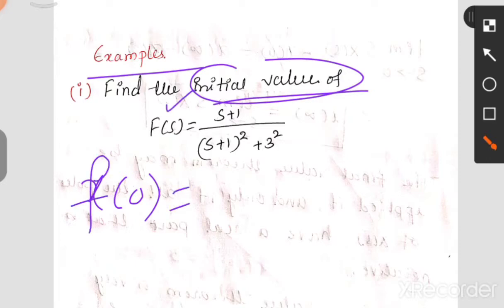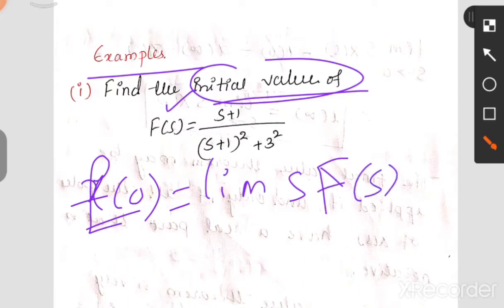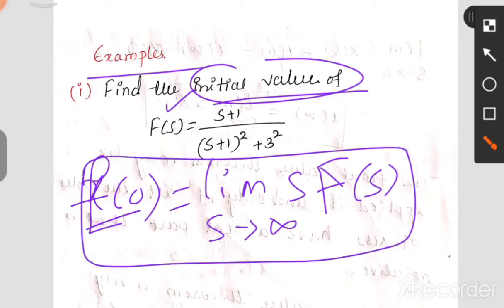What is the formula? Since f of 0 will be the limit of s into f of s, where s tends to infinity. This is the theorem. If you would like to calculate the initial value, then it will be the limit of s into f of s, where s tends to infinity.